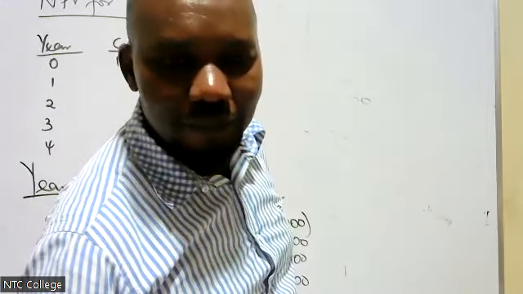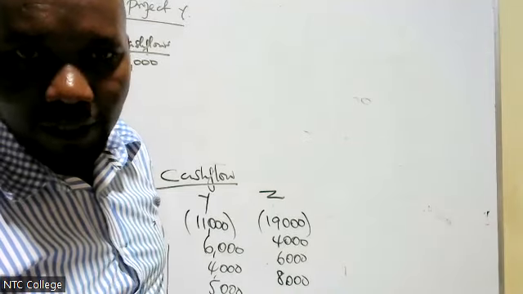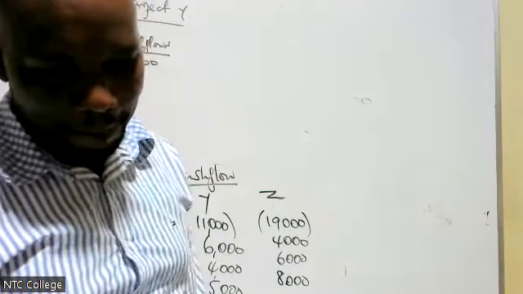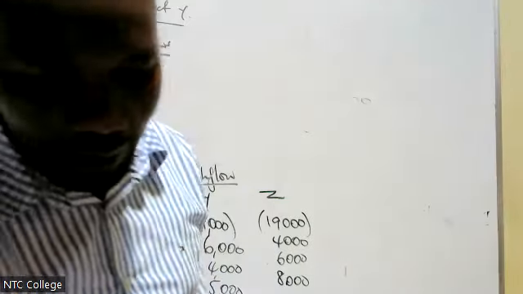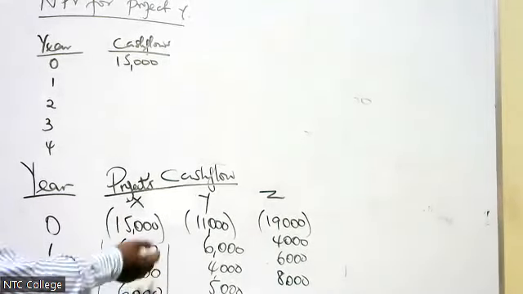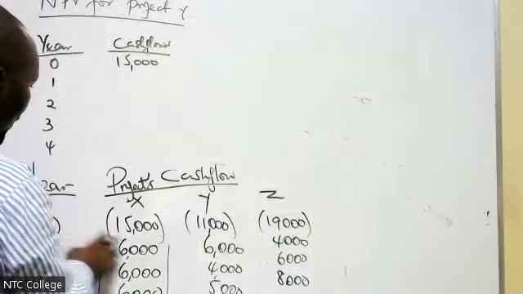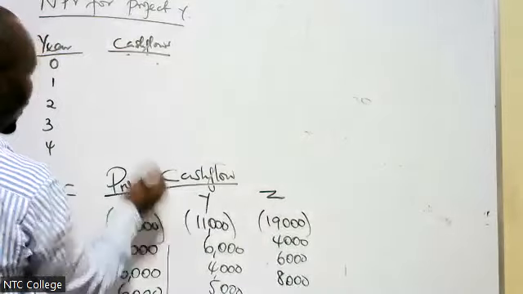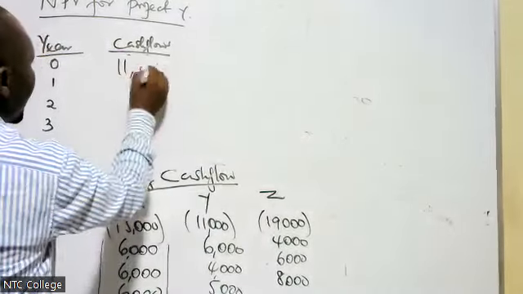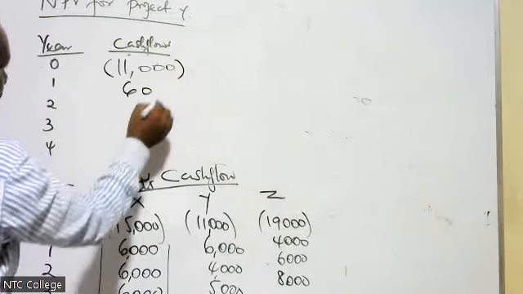Can we proceed? So we were doing the one for project Y. In project Y, the initial outlay is 11,000, and then we have 6,000.